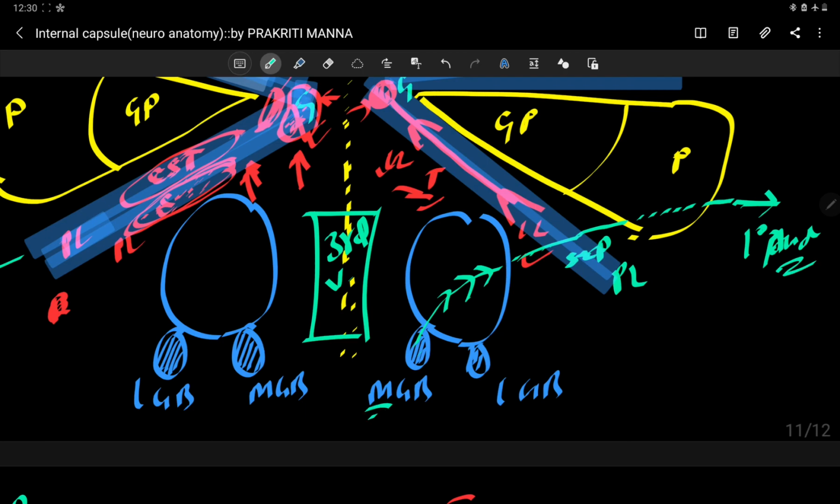All right, M for music, M for medial geniculate body. This auditory cortex is Brodmann area 41-42, or you can write Heschl's gyrus, or also STG, superior temporal gyrus.